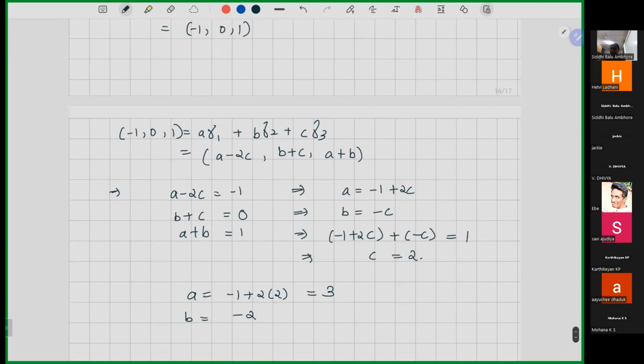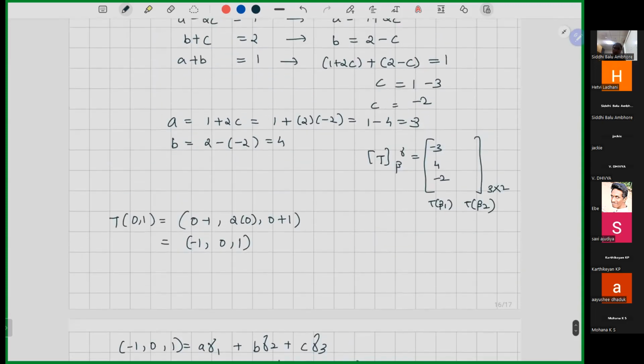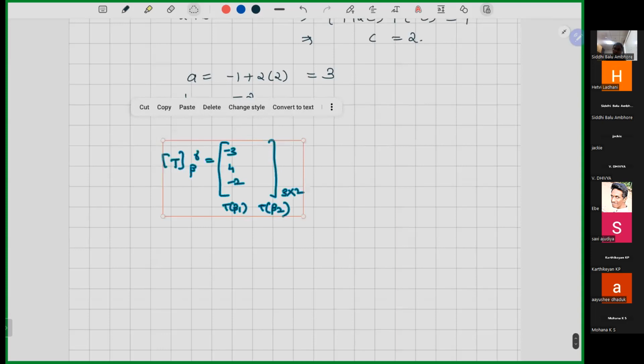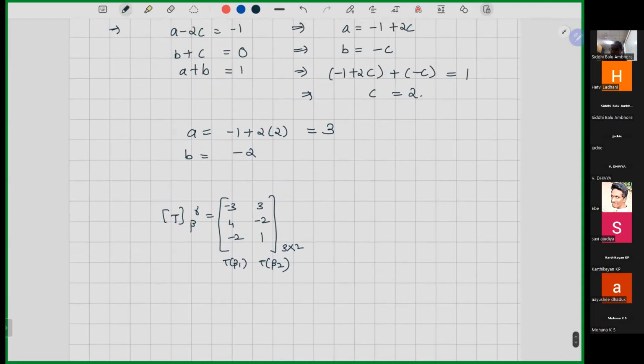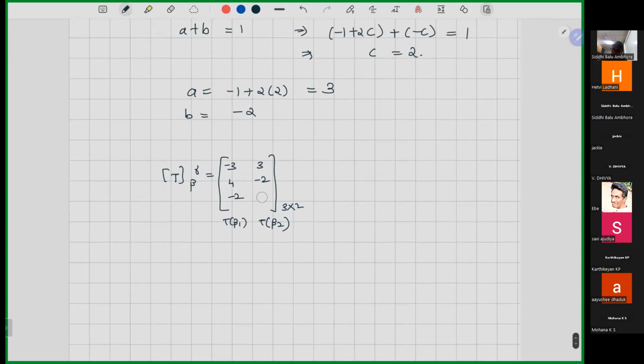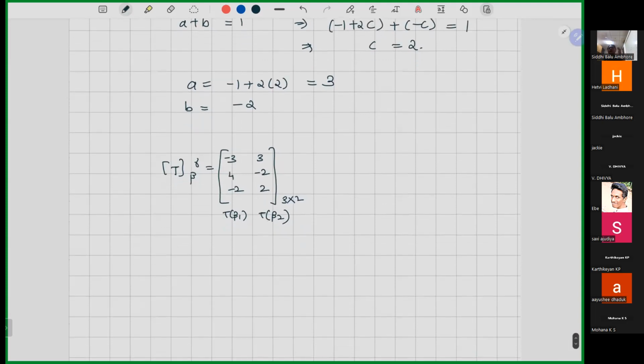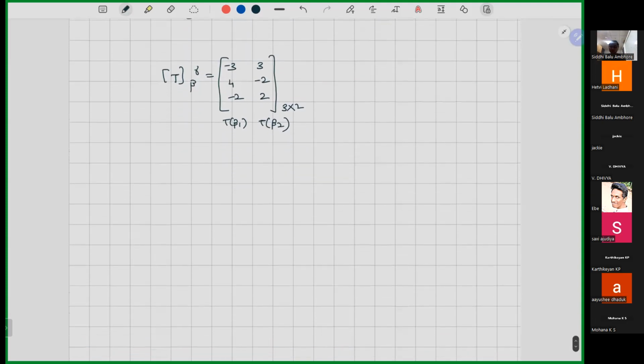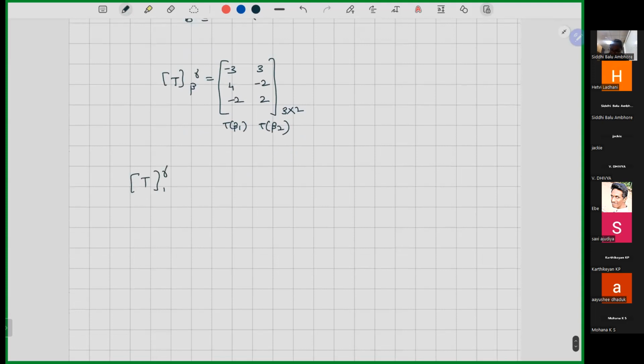That's it. And so this matrix here now becomes, substituting these A, B, C values here, 3, minus 2, and 2. And when you again try to multiply this matrix by a 2 cross 1 matrix, then for T gamma beta, you have to multiply. So this is a 3 cross 2 matrix.